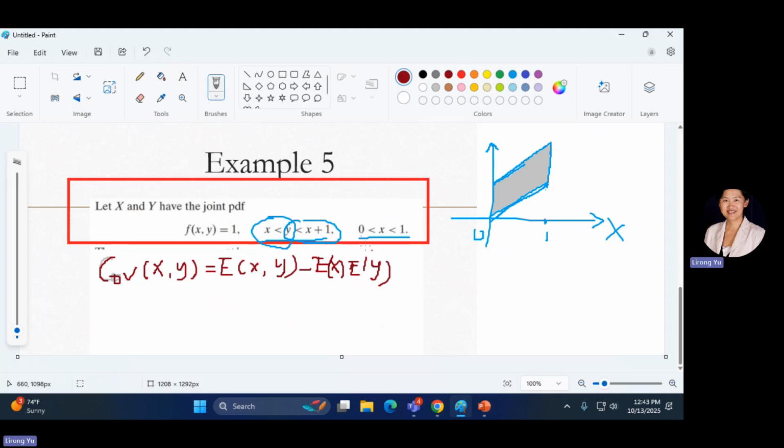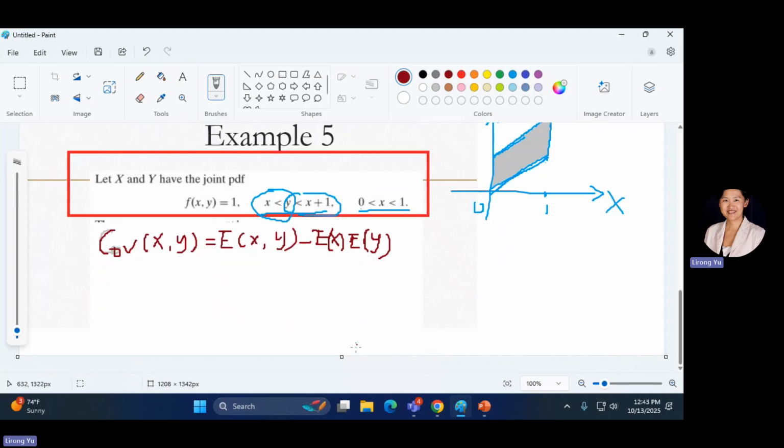In order to make it easy to calculate, we'll just follow the definition. So we need to integrate, and we need to find a proper integration order. Here, x already has numerical boundaries, and y has variable boundaries. So it's easy to integrate dy dx.